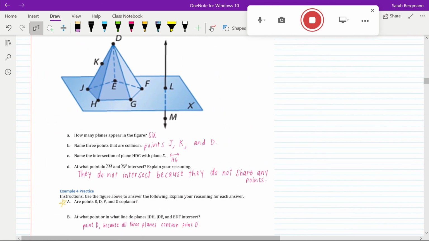Well, JDH is this plane here. JDE is this plane in the back, that face, and EDF is this face over there. All of these three planes share point D. They all have point D in common, therefore point D is their intersection.